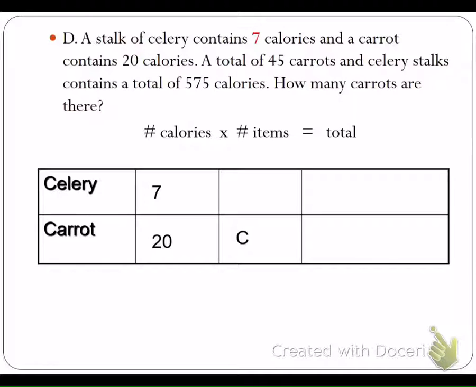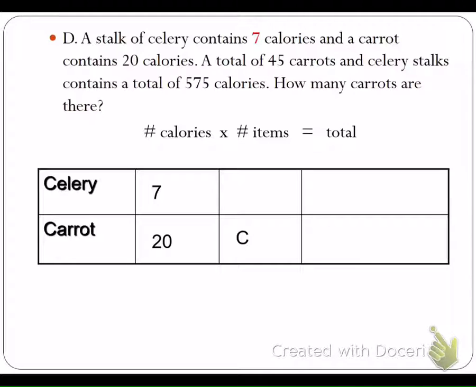Hardest box is the one that's left. Any ideas? I thought we knew. No, it's a total of 45 carrots. 45 is the total of both. I thought it was just C minus 45 would be if there were 45 less celeries than carrots.